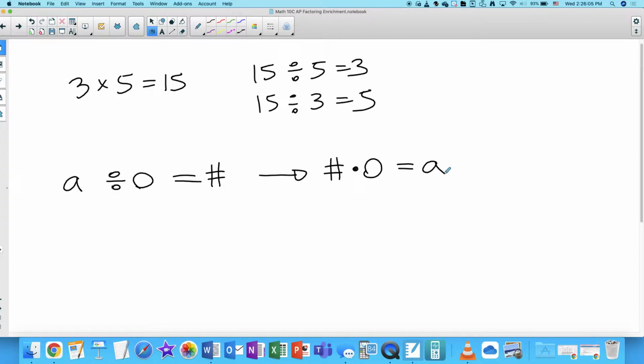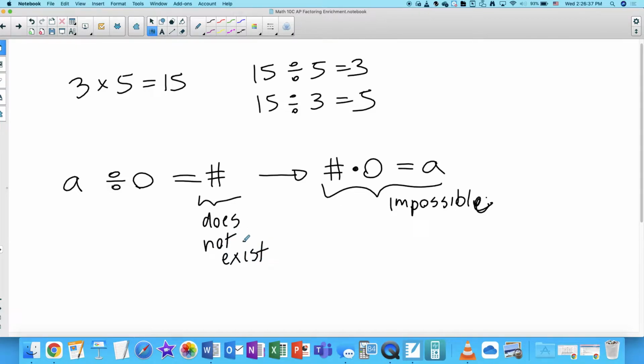So if this number exists, where we could divide another number by 0 and we get a real number, then this must also be true: take a number, multiply it by 0, and you get a. That's not true, because 0 times anything is always 0. So this is impossible. Therefore, this does not exist. So that's one reason.